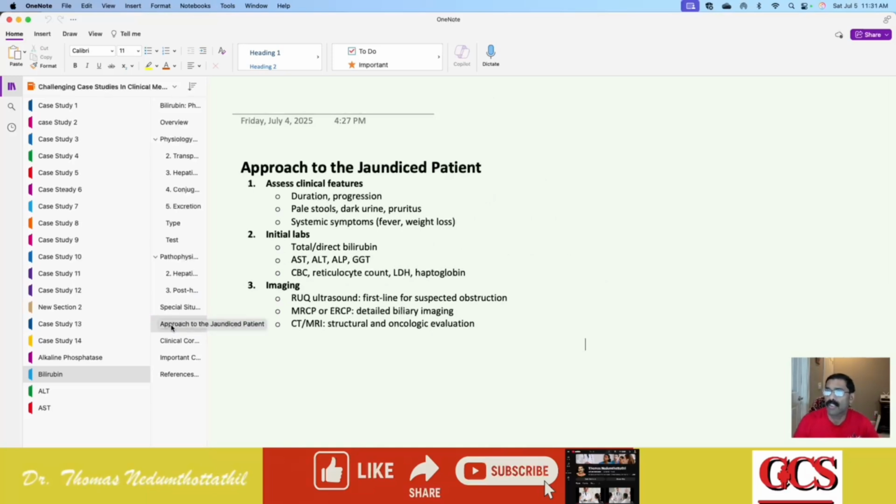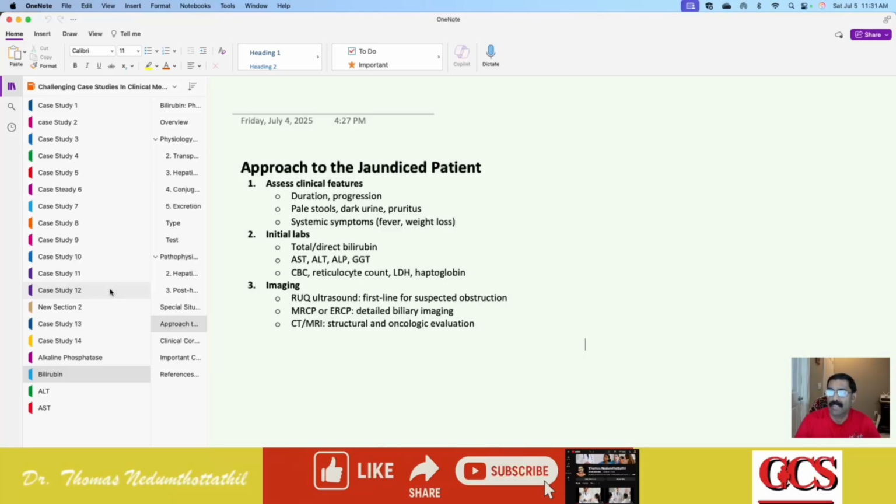Approach to the patient with jaundice. Assess clinical features: duration and progression, pale stools, dark urine, pruritus, and systemic symptoms such as fever and weight loss. Order initial labs including total bilirubin and direct bilirubin, transaminases, alkaline phosphatase and GGT, complete blood count, reticulocyte count, LDH, and haptoglobin.